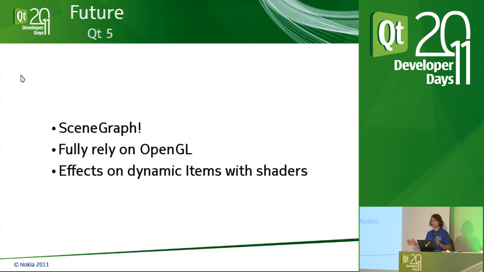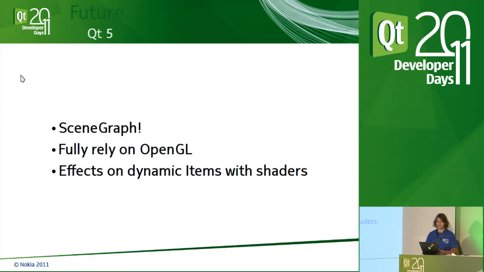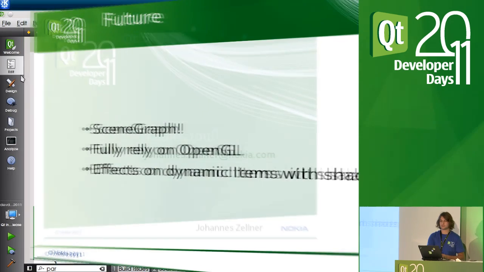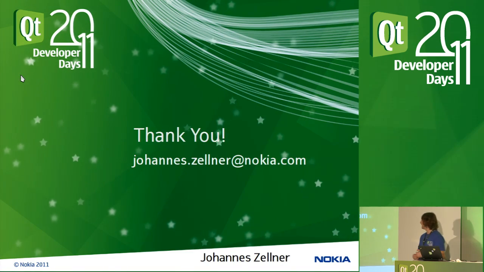So just go ahead and write your user interface now, and you will profit if SceneGraph is there, performance will be better, and you have more effects as well. That's basically from my side.